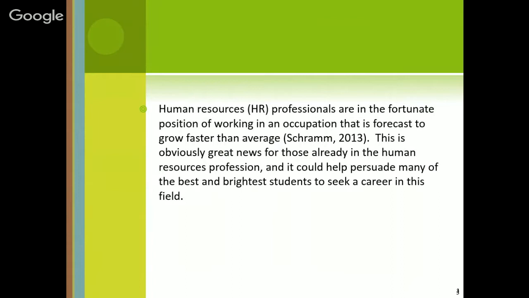There is a citation by Schramm in 2013 that alludes to that and continues today, especially as the unemployment rate decreases and there's a greater need for employees. We look at retirement also, that people are retiring faster today than 10 years ago.